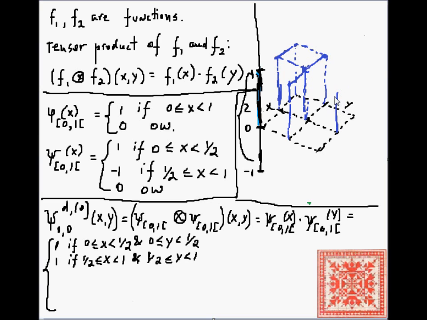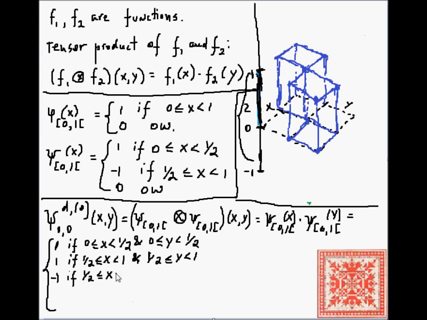It's essentially 1 in the bottom right quadrant, so this is also 1. Okay, and in the other two quadrants, the bottom left and the top right, the value of this wavelet will be equal to -1.